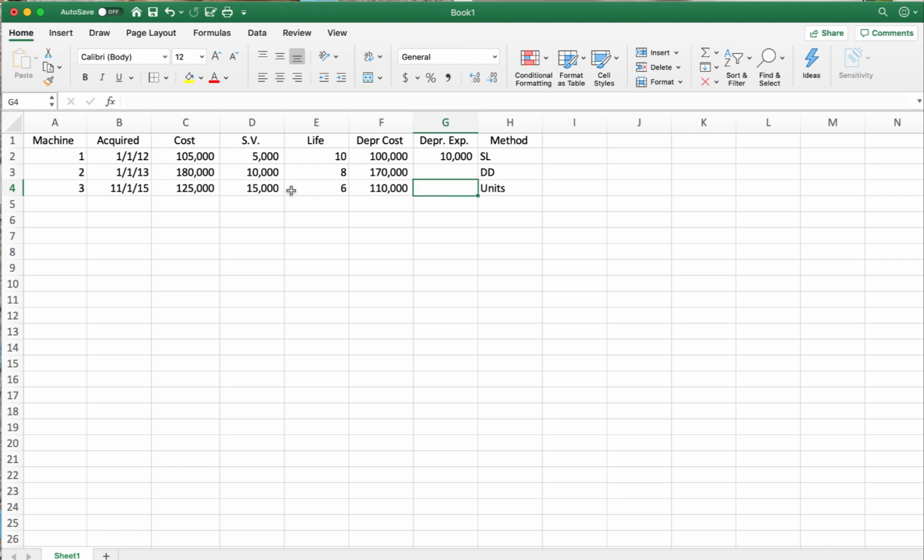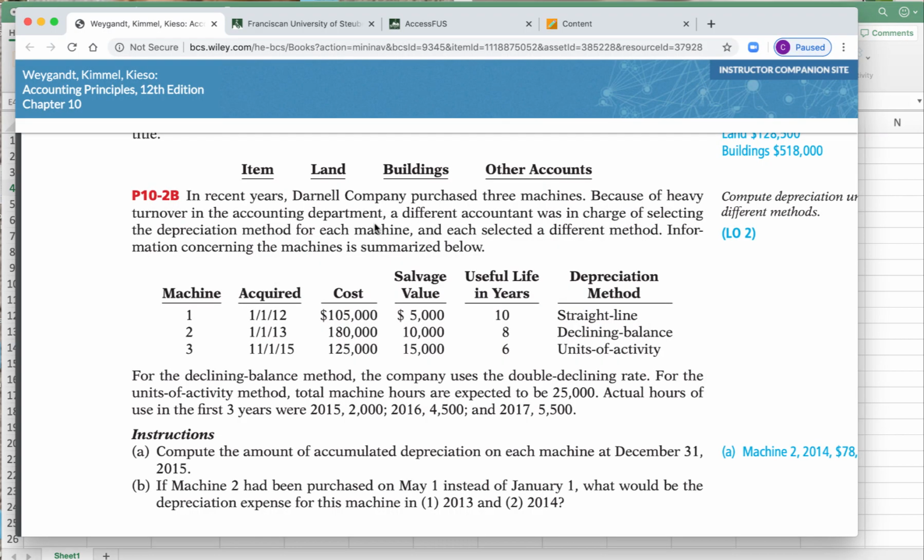For units, can we do units very easily? We sure can. Notice the machine is supposed to last us 6 years. But if we go back to our book, they tell us that for the units of activity method, total machine hours are expected to be 25,000.